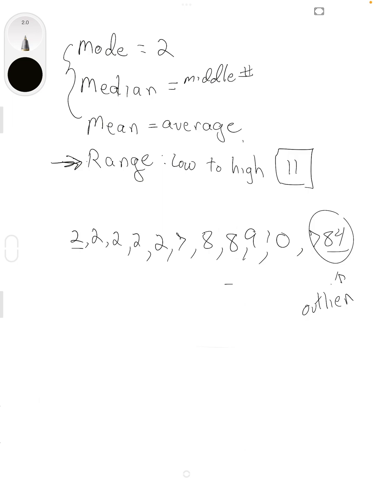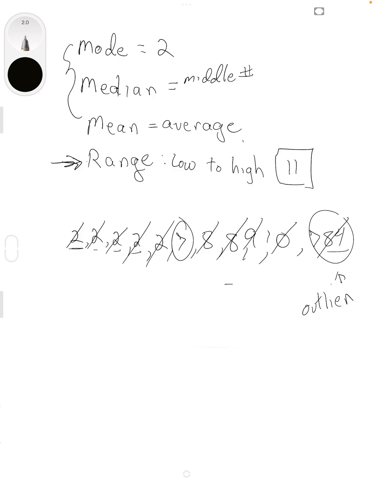Okay, so in this case, there's 1, 2, 3, 4. So I'm going to kind of cross them out. That one is the first and second one. This one and that one. This one and that one. This one and that one. This one and that one. So what's the middle number of my set here? 7. That's the median. Okay, that's the one in the middle.